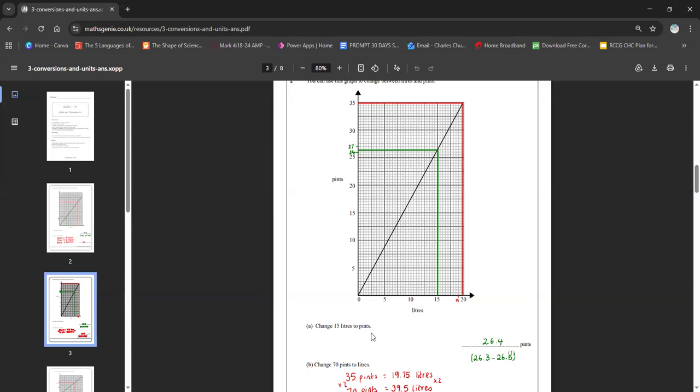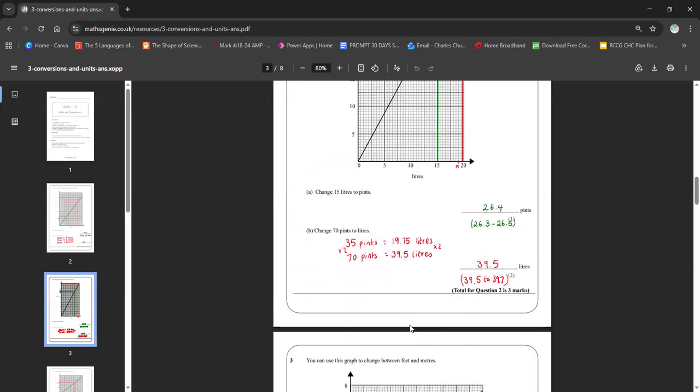So if I follow it, I could see that 20 liters twice, which is 40, equals 70 pints. So 70 pints converted into liters is 40 liters, I think. We're in business too because it's pretty close.